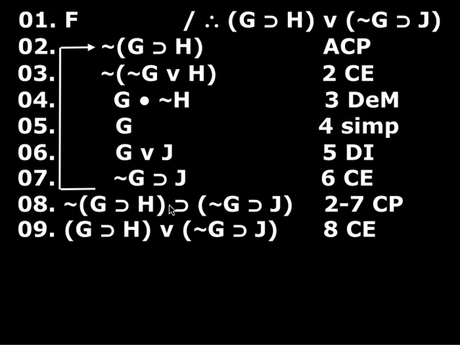Wedge becomes a horseshoe, but look, I have to negate that. Okay, that's why this negated thing was what I assumed here. This is the antecedent of the conditional I want. This is the conditional I want, okay, with a negated antecedent here. Why do I want this conditional? Because this is what I can turn into that in one step, and that's the conclusion.